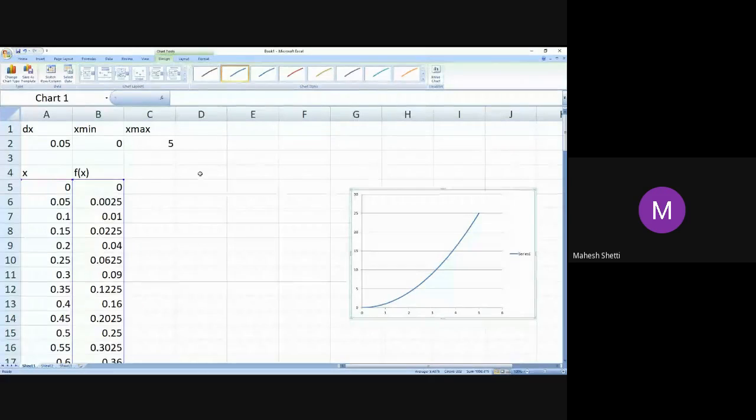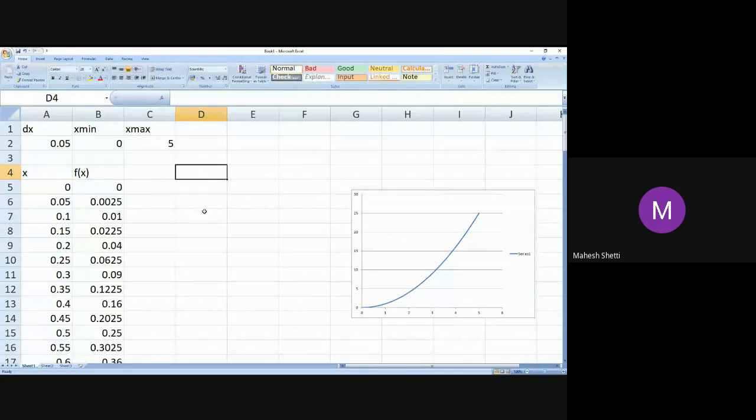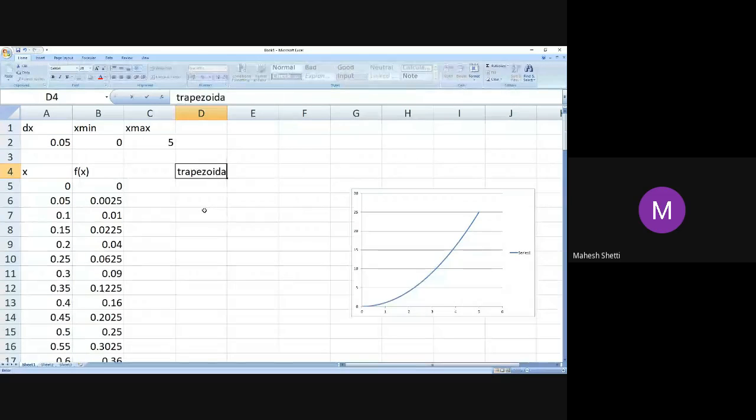Fine. I'm going to write in this column now the addition of all these things, using the trapezoidal rule. What was my trapezoidal rule? If you remember, it was delta x divided by 2 into y0, and all intermediate values multiplied by 2, and then the final value was again yn.